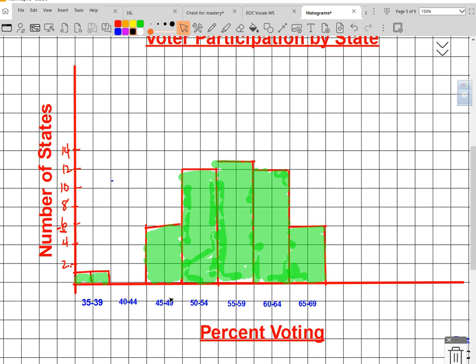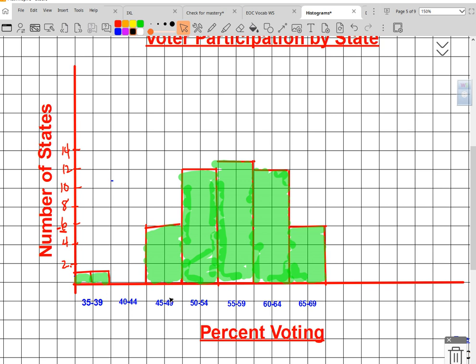So when you create a frequency table, you're creating it in order to create these kinds of visual representations: graphs, histograms, dot plots, box and whisker plots. We're using frequency tables to create these other kinds of visual representations.